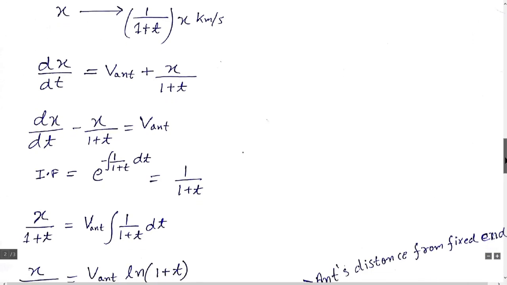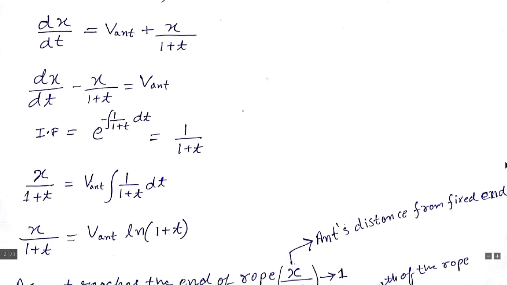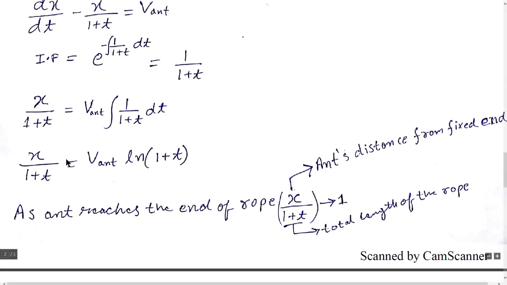We have simply solved this. On solving, we get x plus 1 by t. As the ant reaches the end of the rope, x is the distance from the wall, and 1 plus t is the total length of the rope.